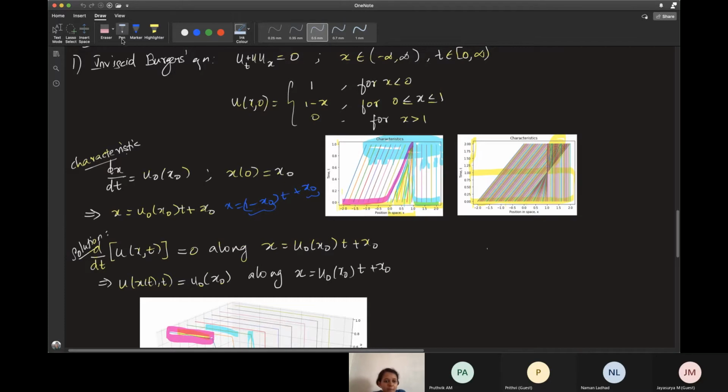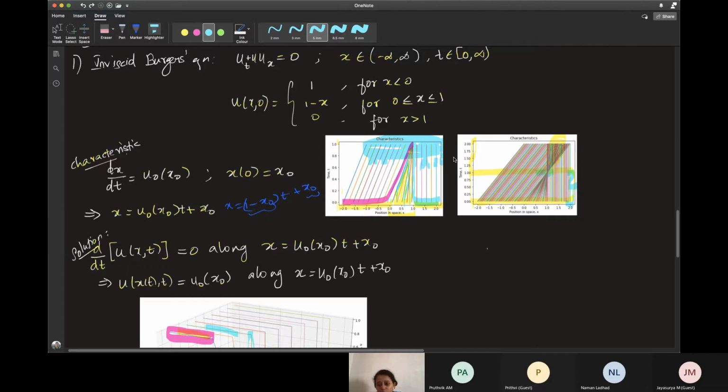So if you notice this picture, which is over here, this is the region that we have studied until now. That is, this is the breaking point, and in this region we have multiple characteristics passing through a single point.